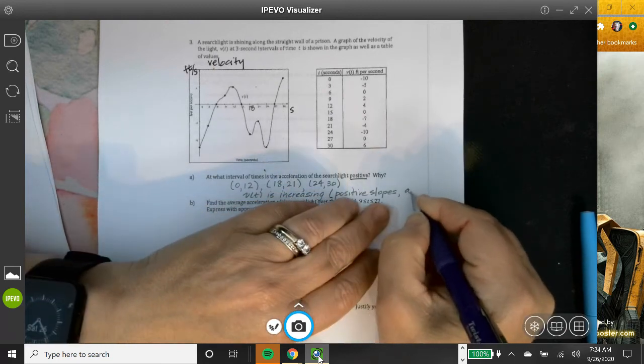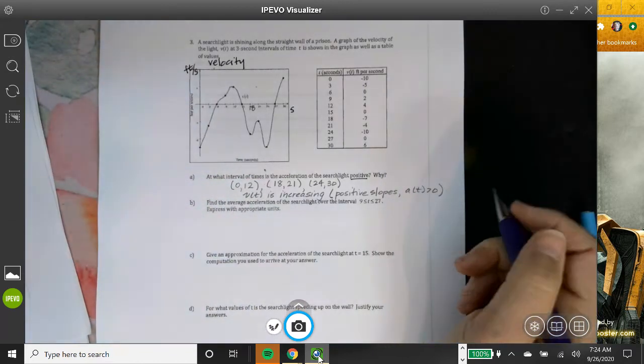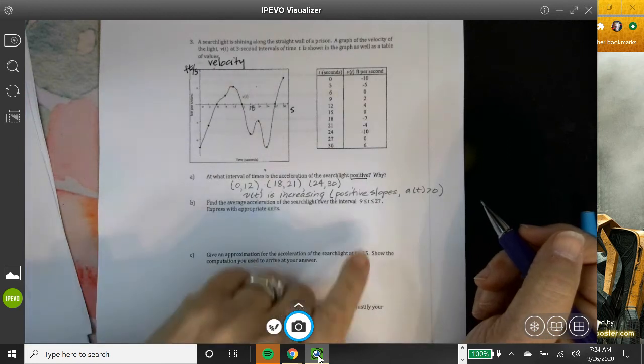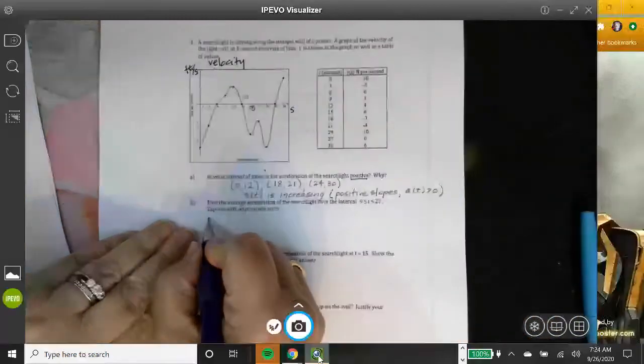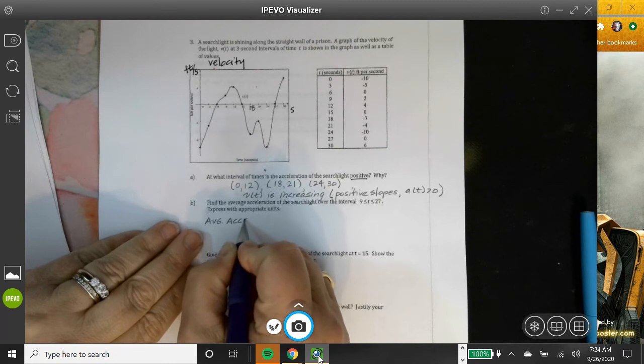Which means acceleration is greater than 0, because the accelerations are the slopes of this velocity graph. Letter B, find the average acceleration of the searchlight over the interval 9 to 27. So we have to recall our average acceleration formula.